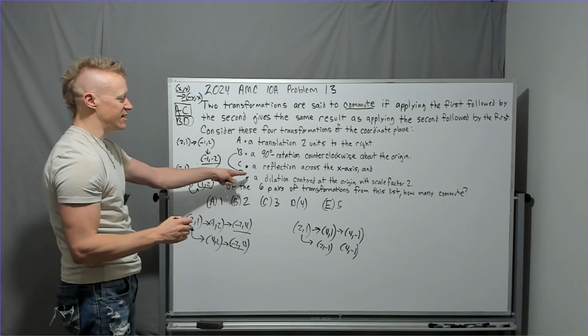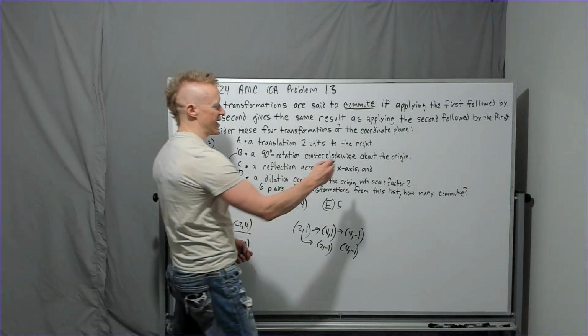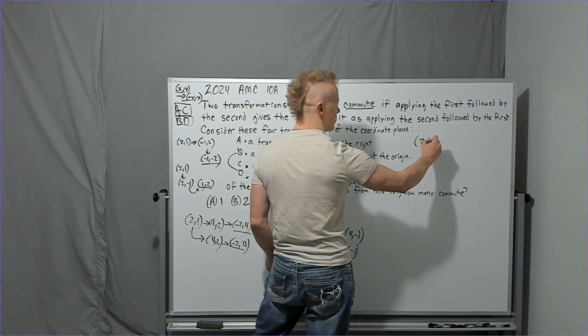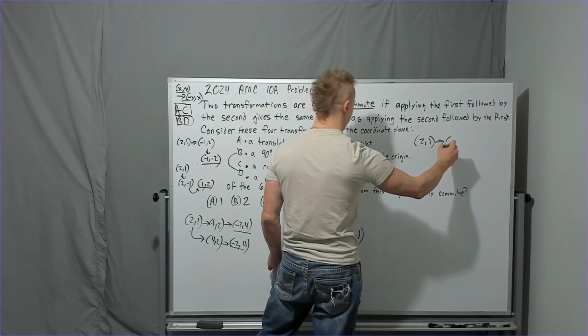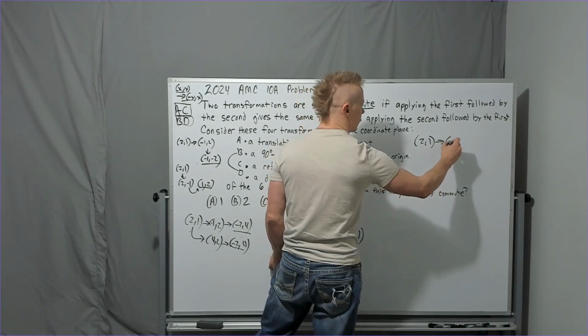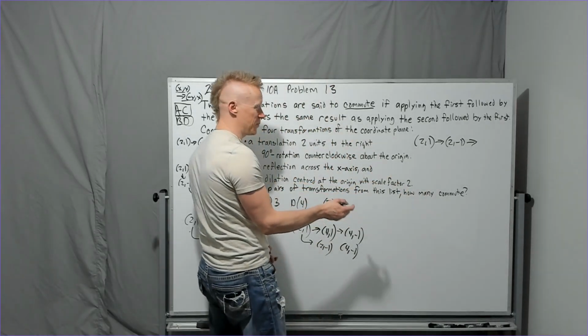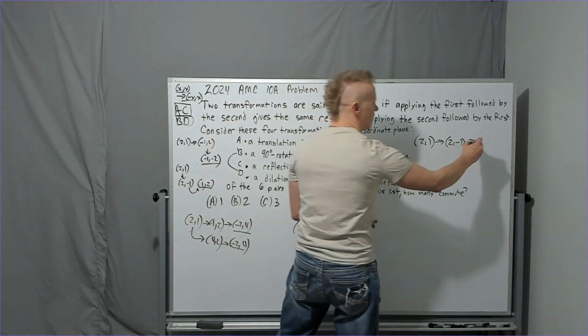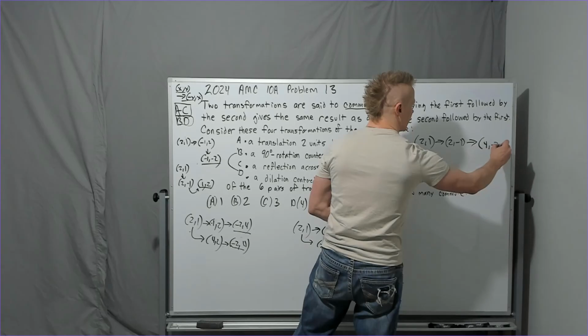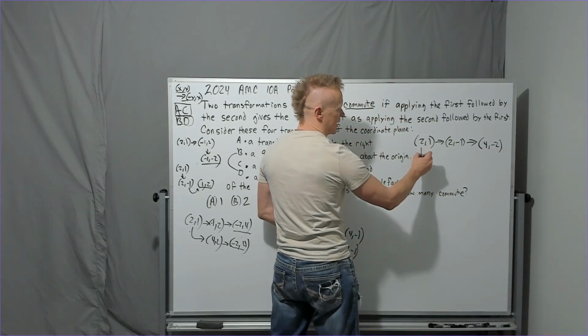Let's check CD. A reflection across the x-axis. Again, I'm going to take (2, 1), and I'm going to reflect across the x-axis, and it's going to become (2, -1). And then you're going to dilate from the origin by a factor of 2. You're going to be at (4, -2). Let's do the dilation first.